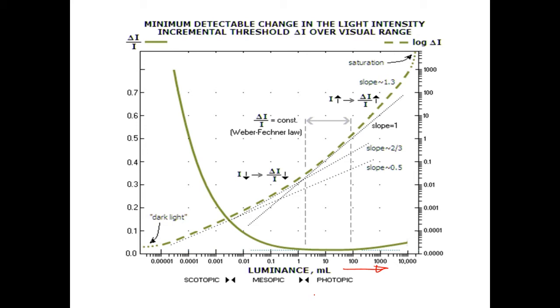It's luminous intensity per unit area, candela per meter squared, as we have seen. That is mentioned in the log scale. On the y-axis, again the Weber fraction is mentioned.